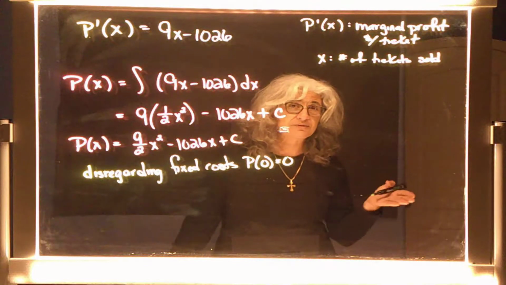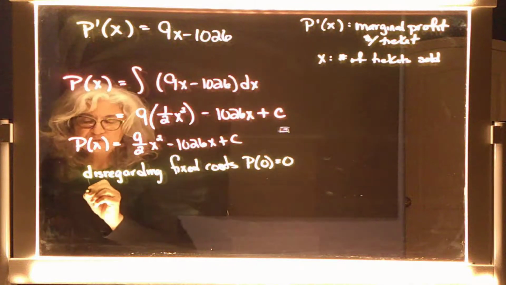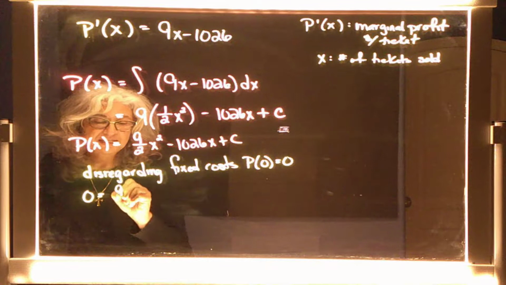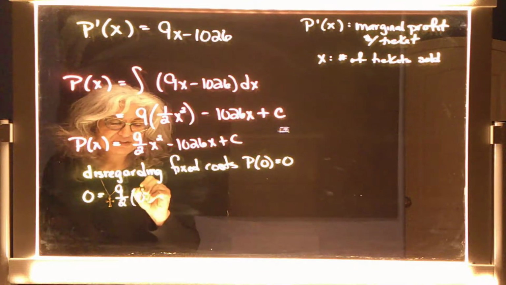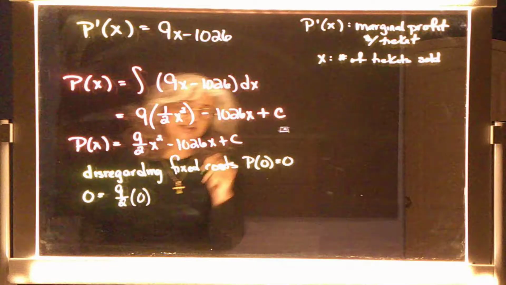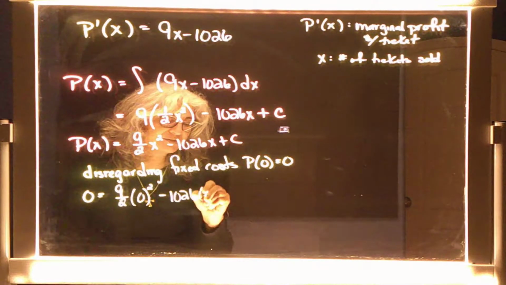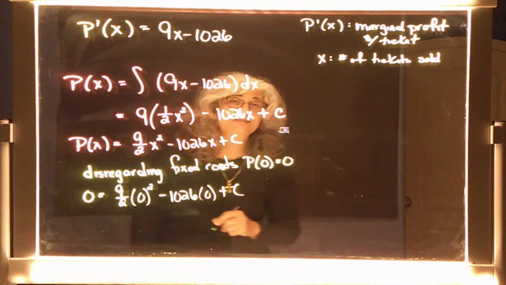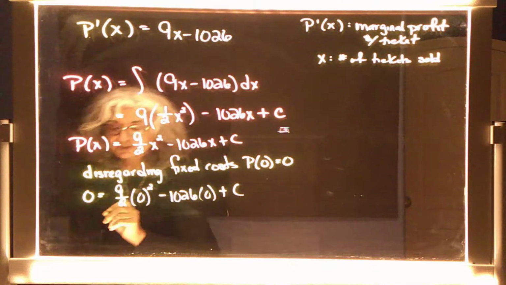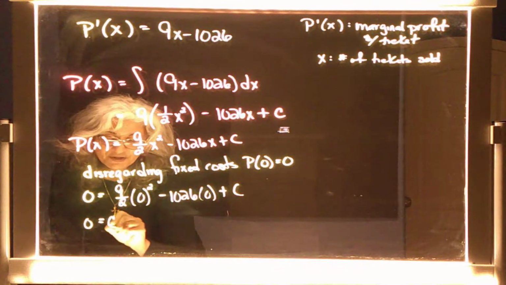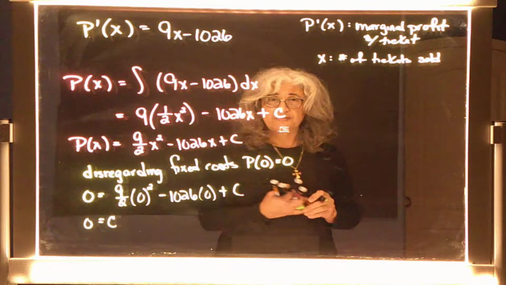That makes sense, right? So when we set this up, P of 0 is going to be 0 equals the 9/2. Now instead of x squared, you're going to have 0 squared minus 1026 times the 0 plus that c. And then when you simplify all this, you get that your c is equal to 0.